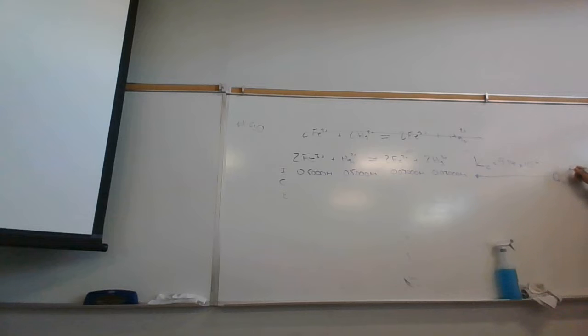So if we plug in the Qc, it's going to be Fe2+ squared initial times the Hg2+ squared initial, divided by the Fe3+ initial squared and then the Hg2+ initial, just to the first power.